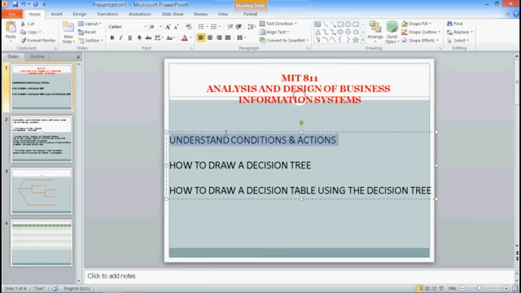Secondly, we want to learn how to draw a decision tree, which will be needful when we want our business information system to make decisions on our behalf. Lastly, we will learn to draw a decision table using the decision tree that we have created.